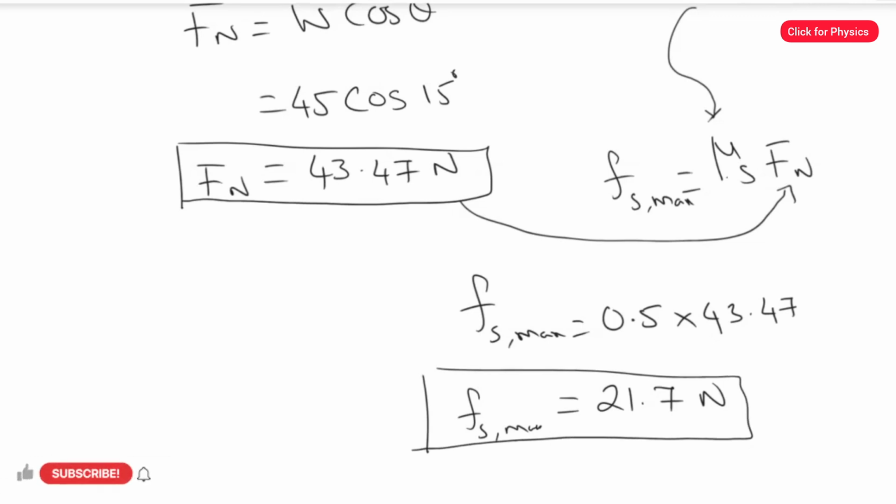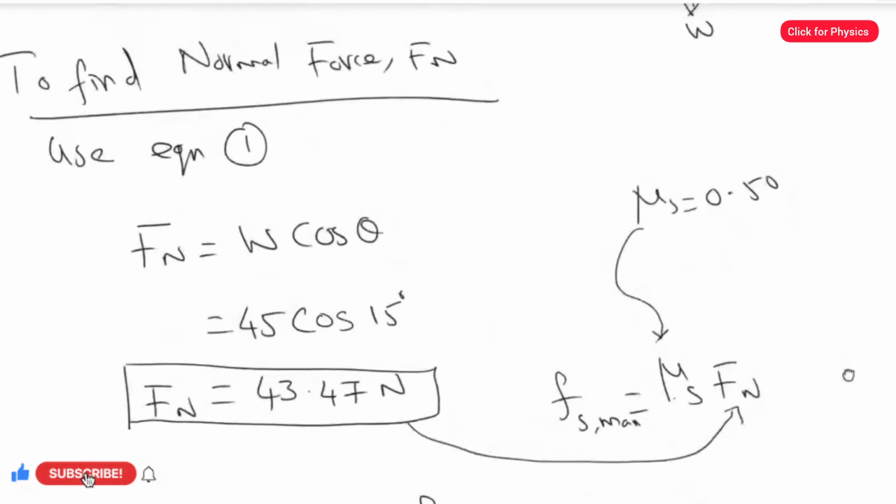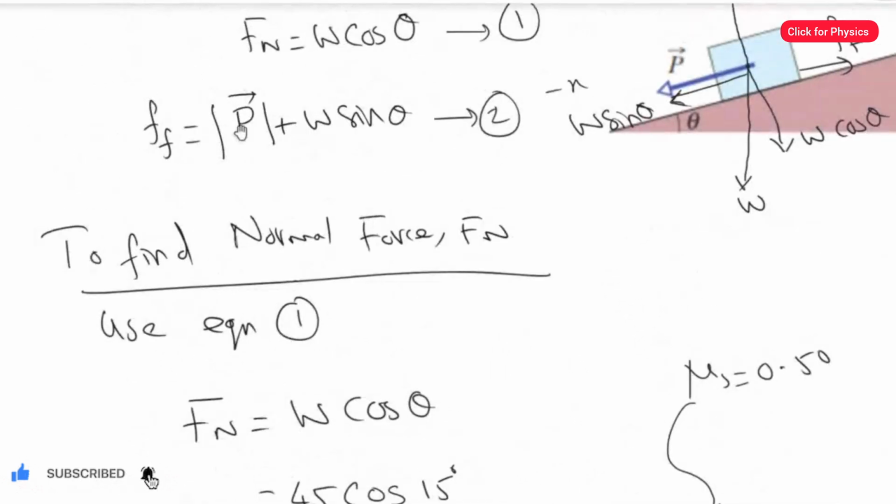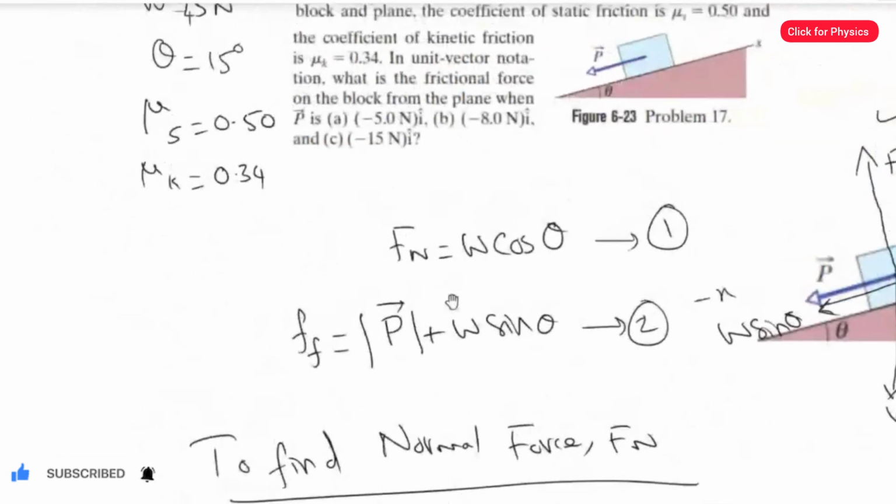Clear? Now we have to use the second equation for 3 different values of P. We have to find whether the block is sliding or not. For that, in the second equation we substitute the 3 different values of P one by one, and then compare the answer with the maximum static friction value.